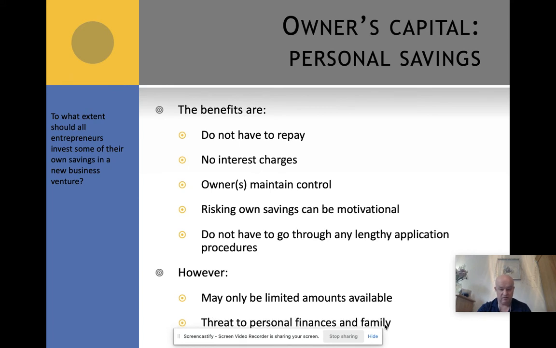And if you've got high levels of personal savings within your business and the business takes a downturn, there is a threat to personal finances and family finances should you choose to go down that route. So that's something worth bearing in mind too.